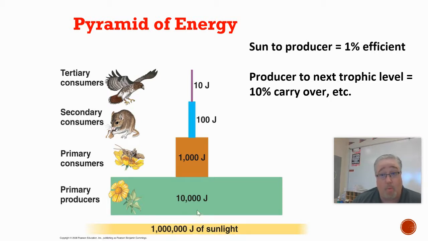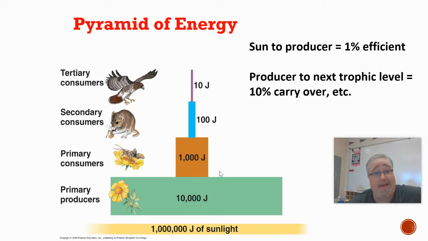So there's only about a 1% carryover from how much available sunlight there is to how much of that energy is actually absorbed by those plants. So we've got 10,000 joules of energy here that exist amongst those plants. But again, only 10% of that is going to carry over to the next level. So 10% of 10,000 is 1,000 joules.